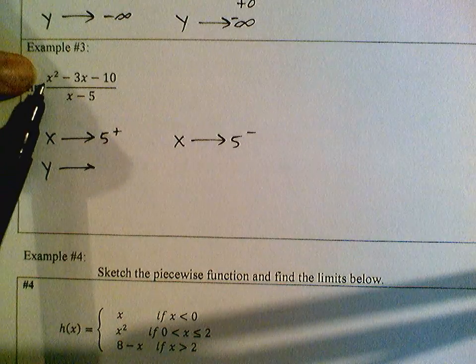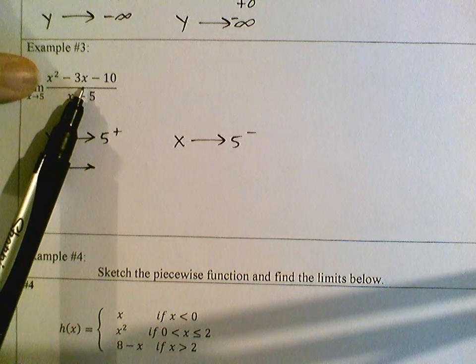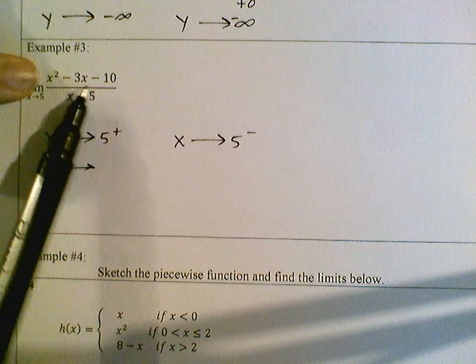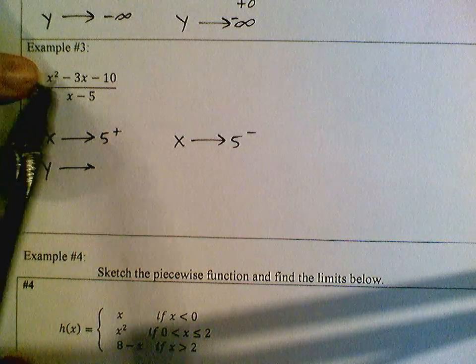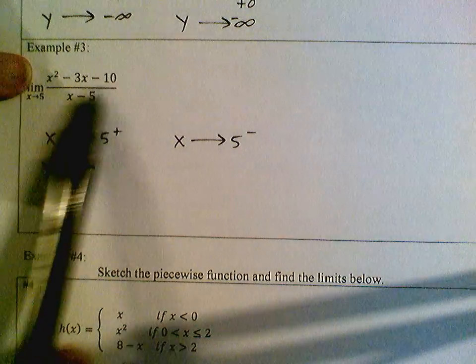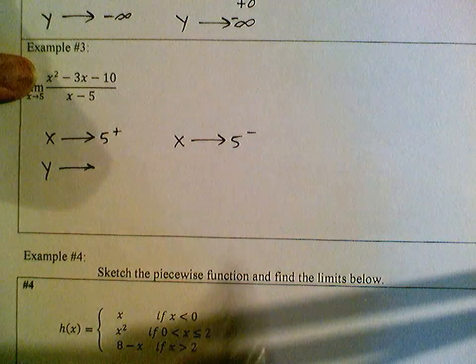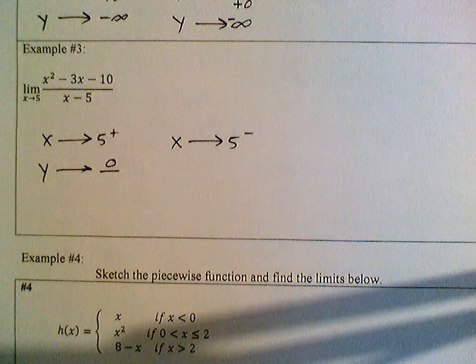All right, so I've got about 25 minus about 15 minus 10. Guys, that's very, very close to 0. So I'm getting a number in the numerator that is very, very close to 0.